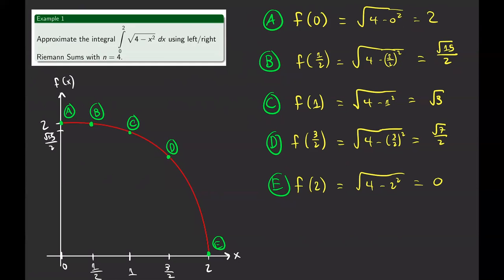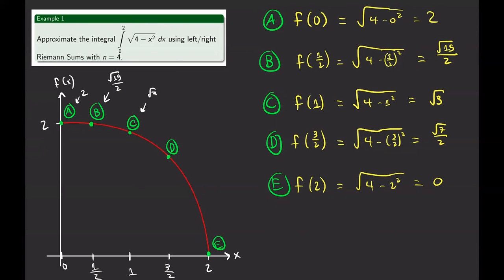We've got a height, actually, that's not going to look good. Let's not squeeze that in. So we've got root 15 over 2. We've got 2.